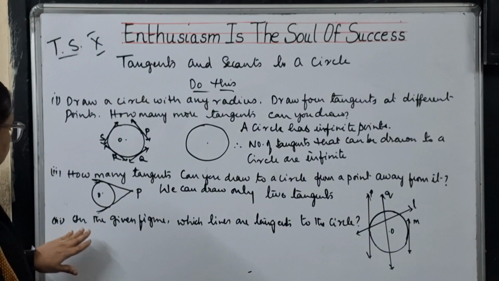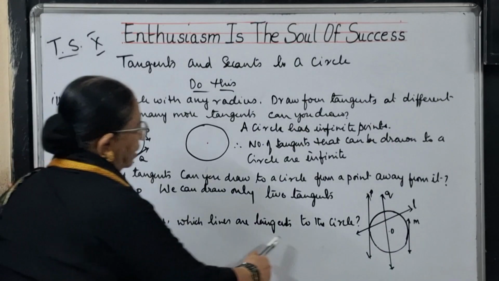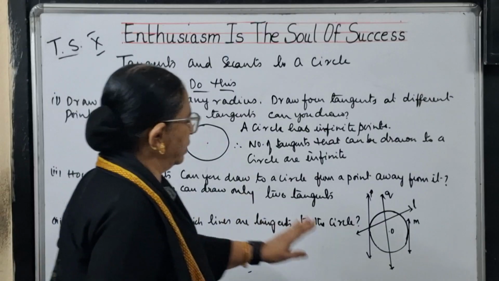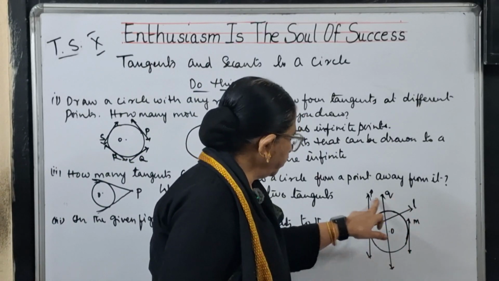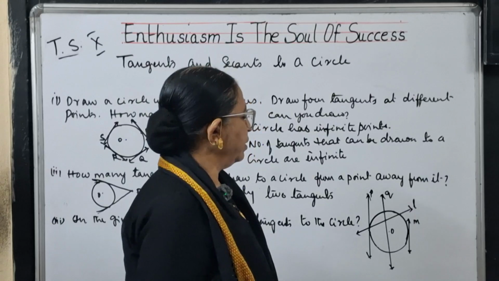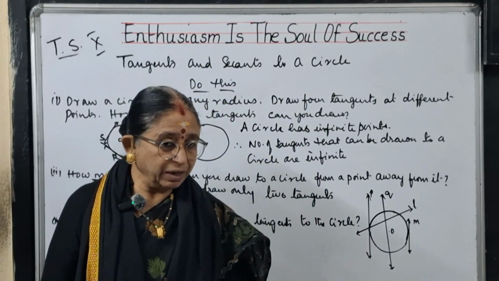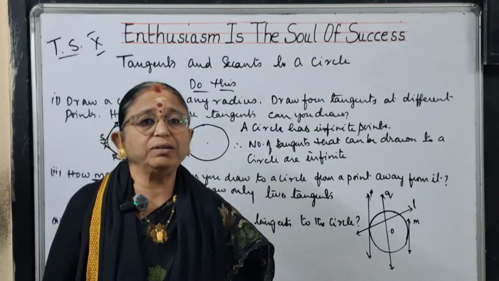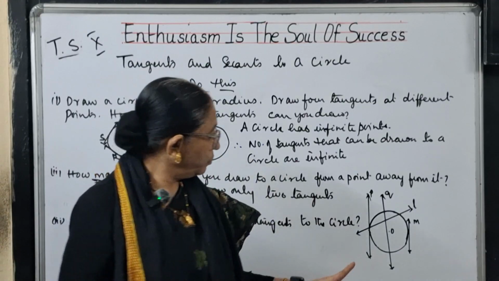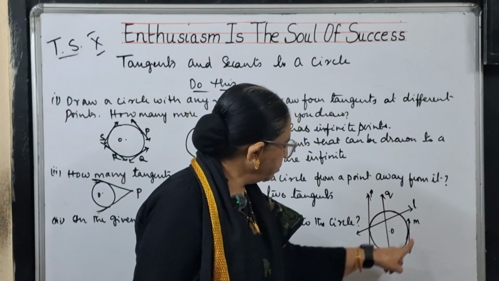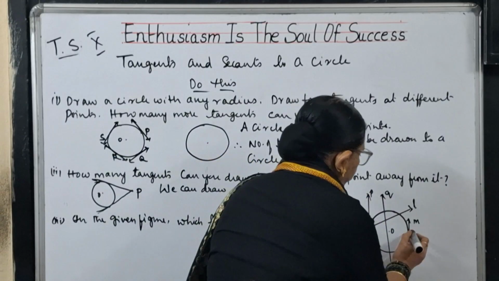Now the third one: in the given figure, which lines are tangents to the circle? This is the figure given in your textbook. You have got lines L, M, P, Q. I have already explained what a secant and a tangent are. A tangent should pass through the circle at only one point. So here P and M are the two which pass through the circle at only one point.